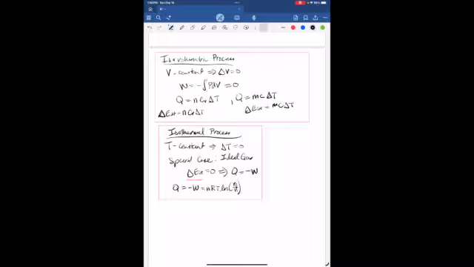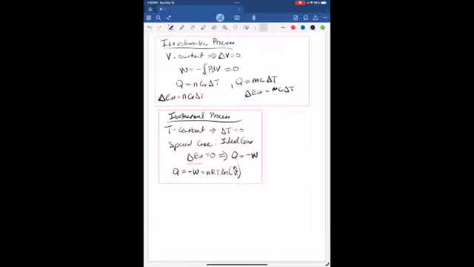All right, so next we started the next chapter, which was kinetic theory of gases. And one of the things that we learned was the equipartition theorem. The equipartition theorem says that when you store energy in a system, it shares that energy equally among all the degrees of freedom that are available for that substance.